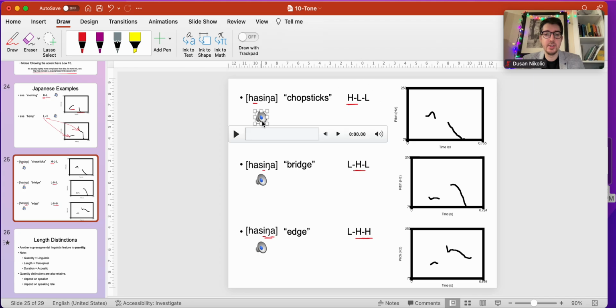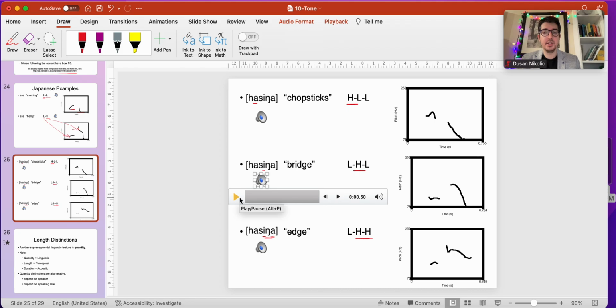Maybe we can listen to them again, and bear in mind, in these pitch accent languages, pitch accents are contrastive. So we have the same segments, same set of h, a, sh, i, n, right? But the superimposed tonality gives them a different meaning. Hashi. Right? Hashi, right?